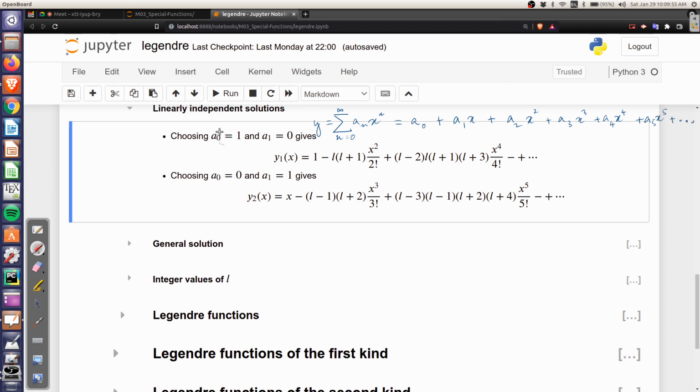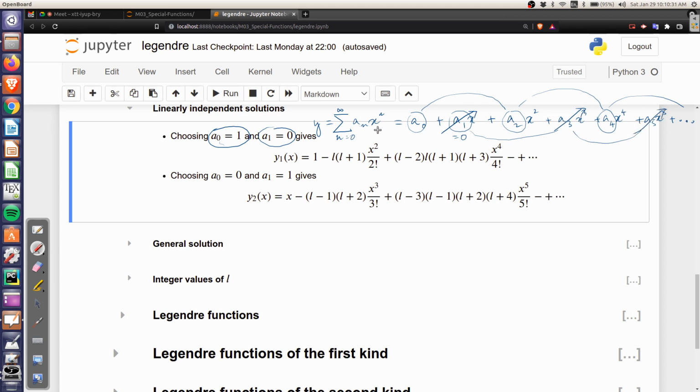Here we have chosen a0 to be 1, so this is non-zero. From a0 we will be able to find a2, so this will also be non-zero. From a2 we can find a4, so this is also non-zero, and so on. But we have also chosen a1 to be 0. The moment we choose a1 to be 0, this vanishes, and because of the recurrence relation, a3, a5 and so on are also going to vanish.